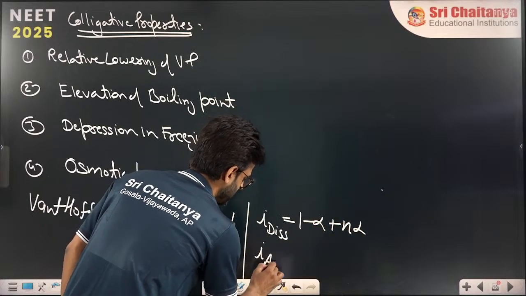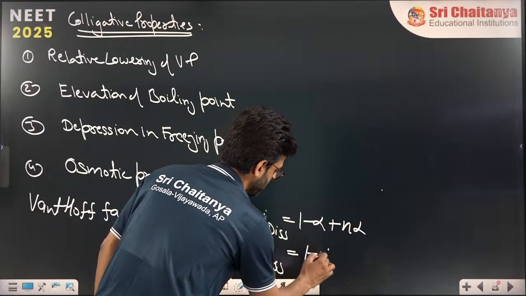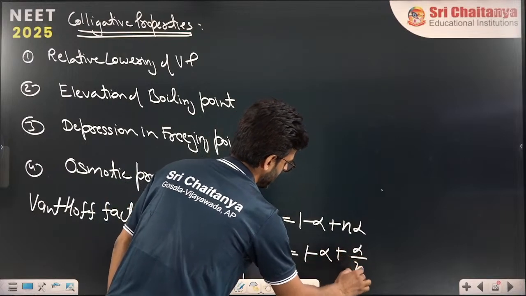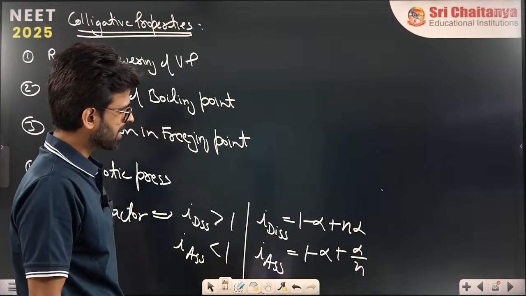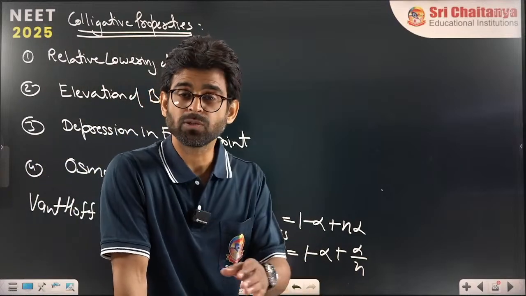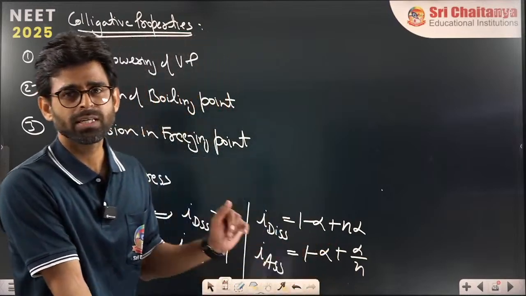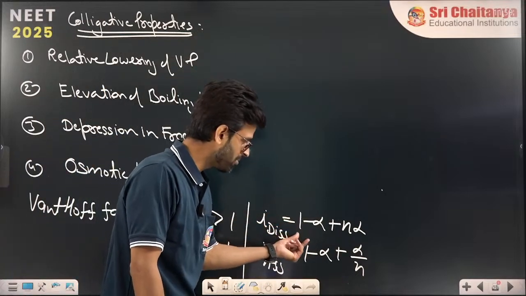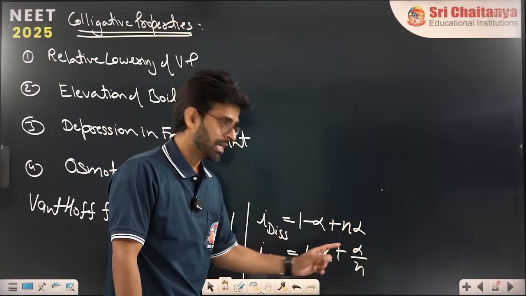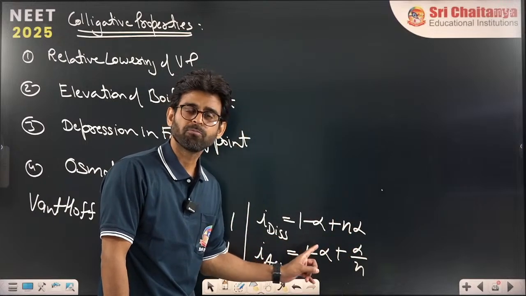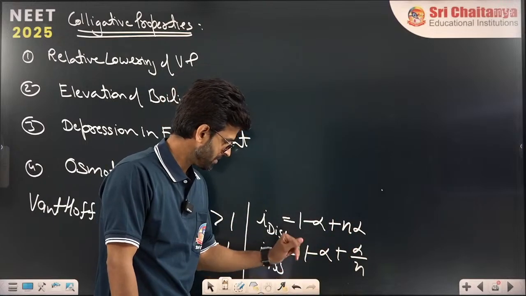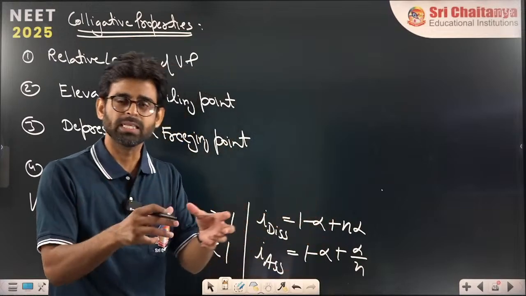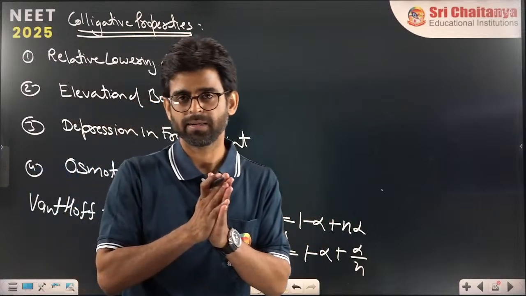In case of association, i is 1 minus alpha plus alpha by n. What is alpha here? Degree of dissociation or degree of association. And n in dissociation is the number of particles given by one particle, while in association it is the number of particles associated together to make a bigger particle, right?